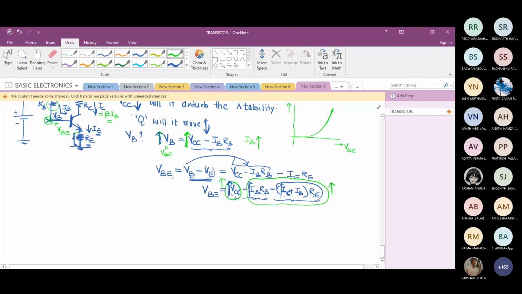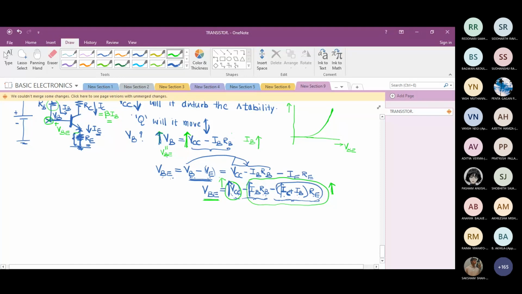Since it is getting subtracted, VBE remains more or less constant. That means the circuit is almost stable now. Are you getting it? So how have we achieved stability in the operating point?